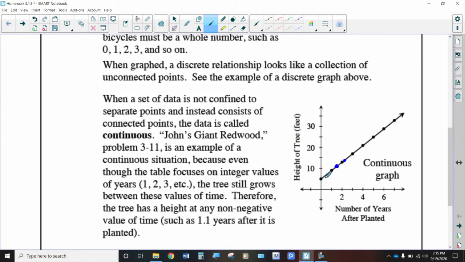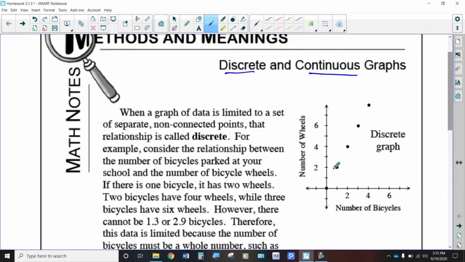Continuous graphs cover all of the numbers in between the points, and for the discrete graph, the numbers only make sense for those given numbers within the points.